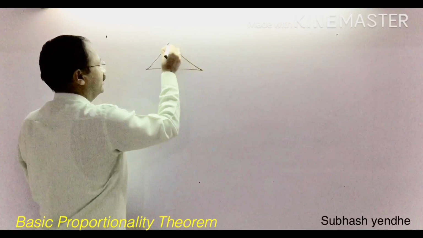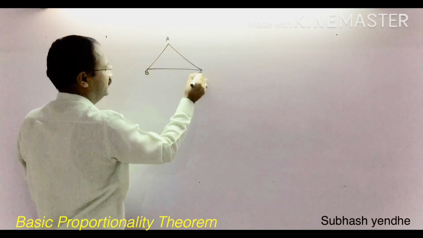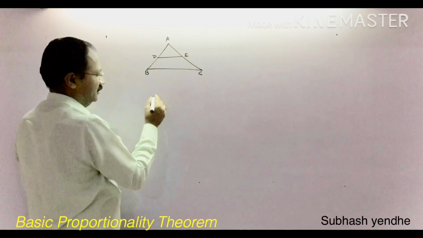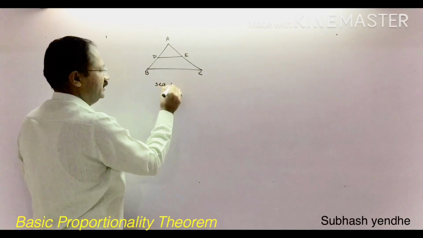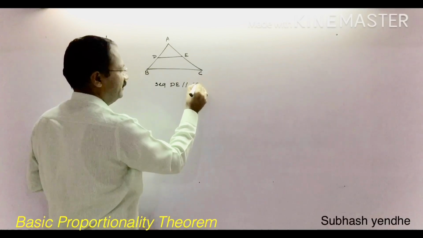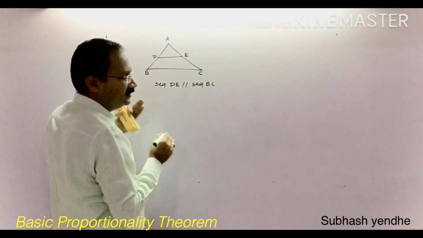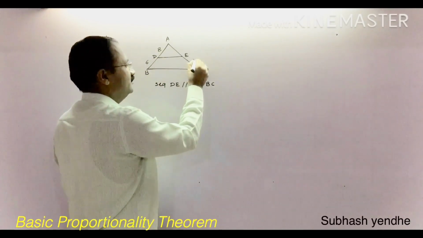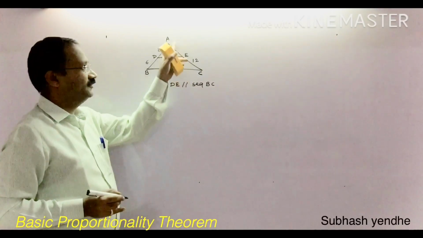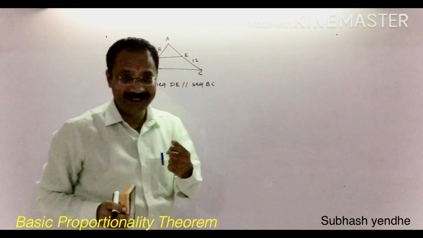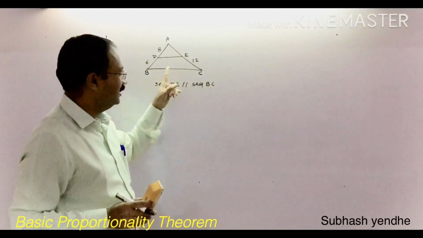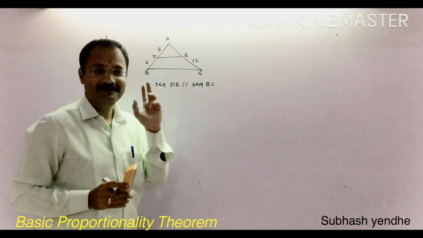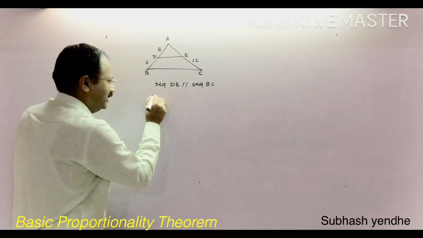See, in this triangle ABC, segment DE is parallel to segment BC, and the given values are AD is 8, BD is 6, and EC is 12. You have to find AE.